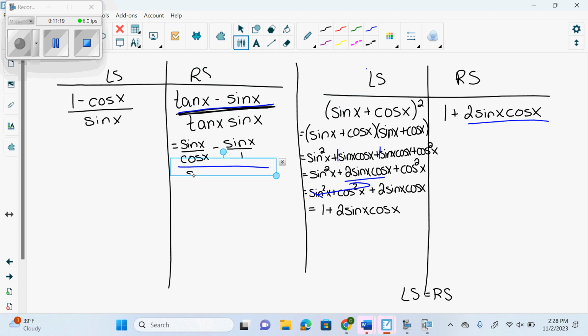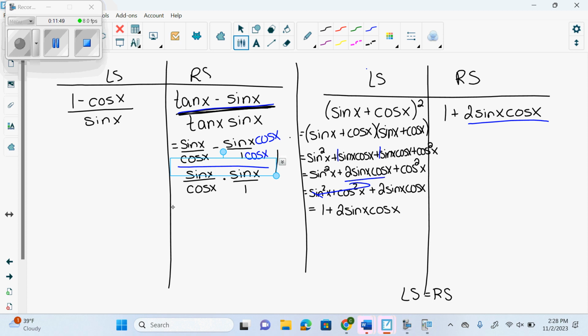And then I have sine x over cos x times sine x over 1. Okay, cool. What do I do to the numerator? I have to make a what? Common denominator. So I'm going to times this one by cos x and this one by cos x.